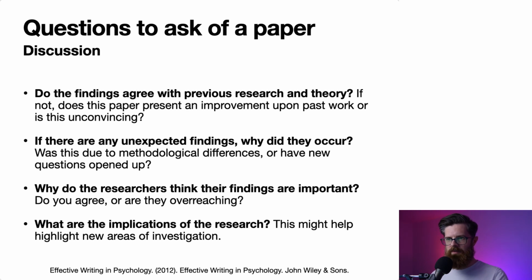Finally, you might want to think about the wider context of the research. So, are there important implications? There are many ways to ask this question and to think about what implications might be. It could be something like, well, should we change prescriptive advice on how we should teach children, for example?